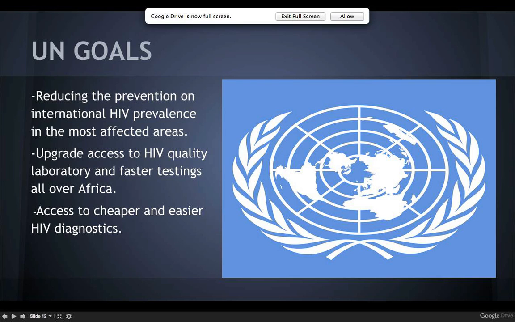This problem is mostly in Africa because they are really poor and don't have all the things they need, and there are many people in Africa who have it.